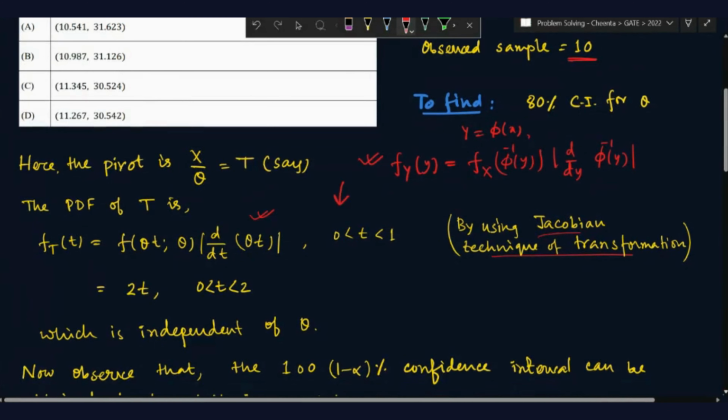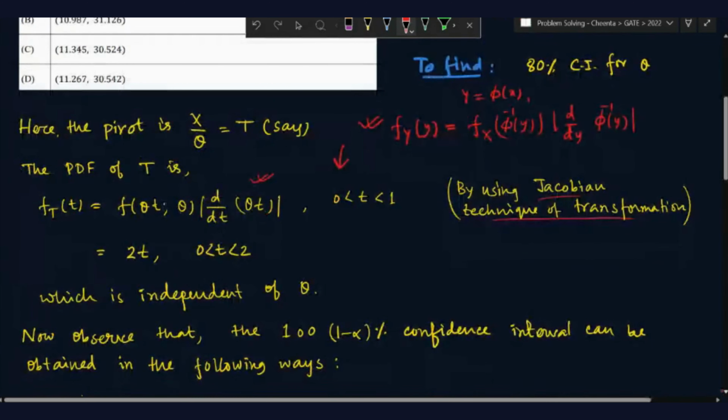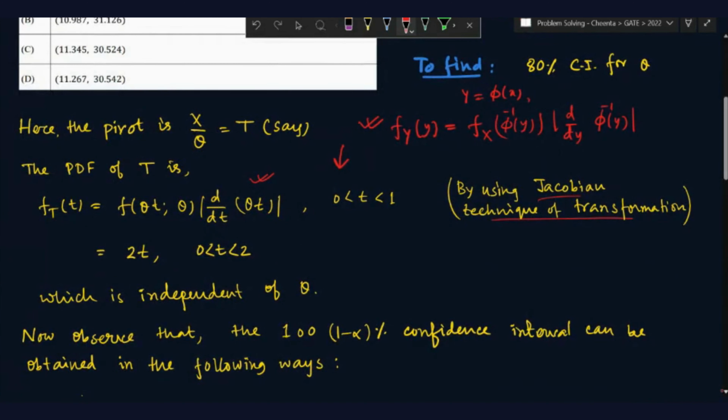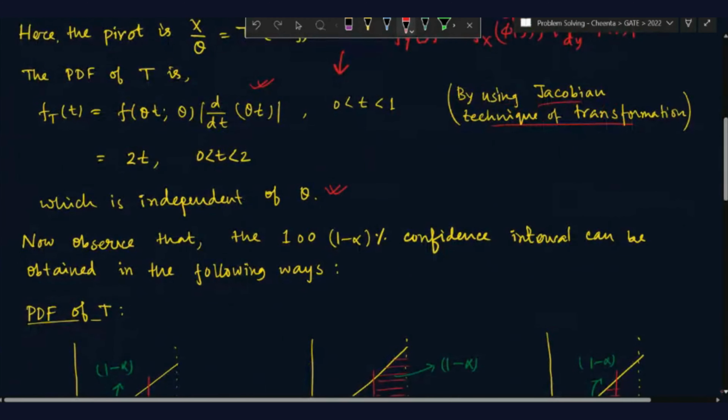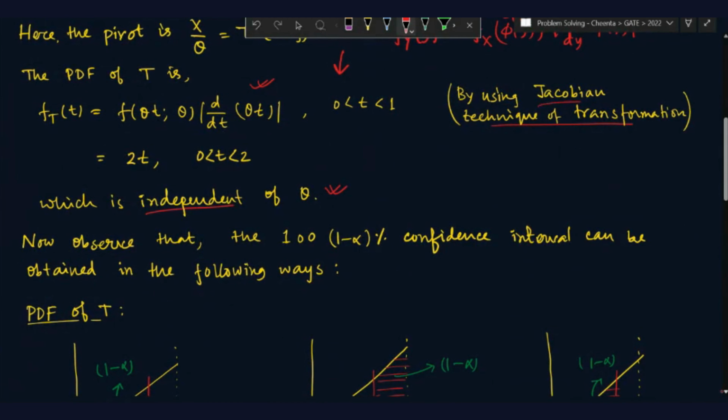So we can obtain the PDF of t like this, which is 2t for t lies between 0 to 1, and it is coming out to be independent of theta. Hence, we can use x by theta as a pivot. It is justified. Now observe that the 100 into 1 minus alpha percent confidence interval can be obtained in 3 ways.